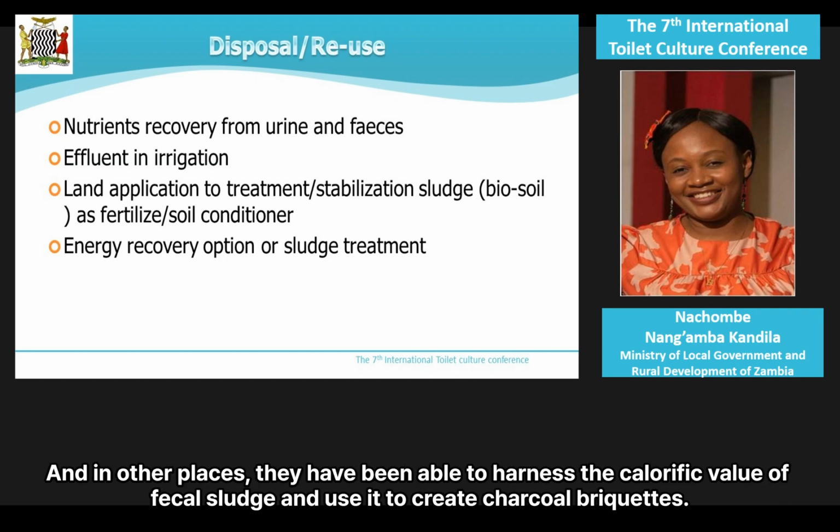In other places, they have been able to harness the calorific value of fecal sludge and use it to create charcoal briquettes.